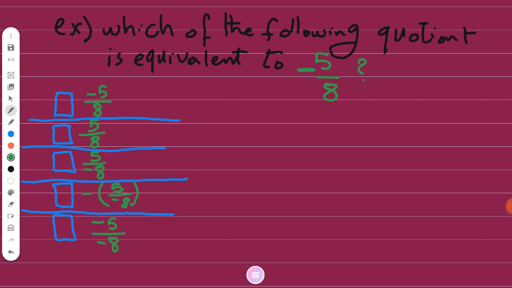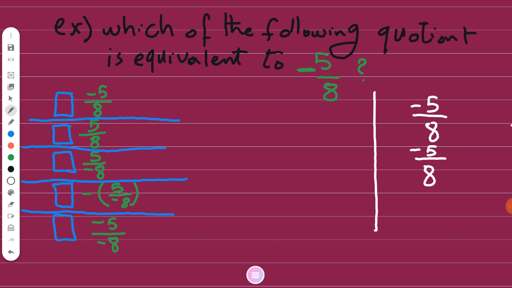Before, I need to mention some very important thing. If I have negative 5 over 8, it is the same as 5 over negative 8, with the negative in the denominator instead of the numerator. So it doesn't matter if the negative is in the numerator or denominator. It is the same.